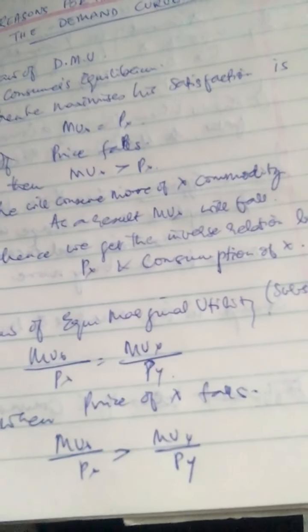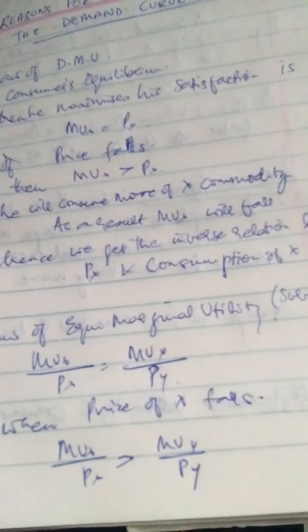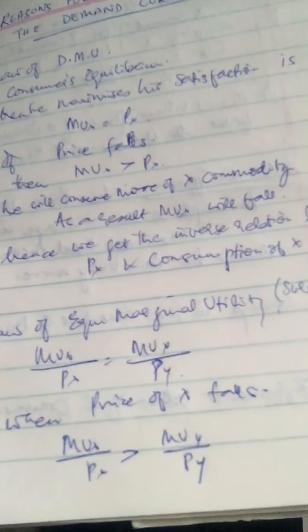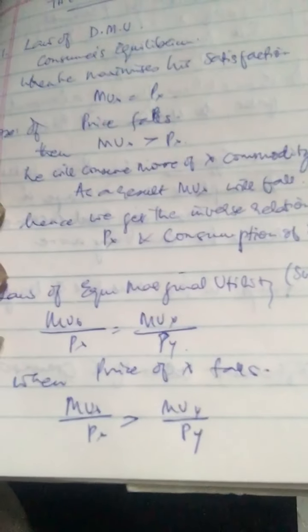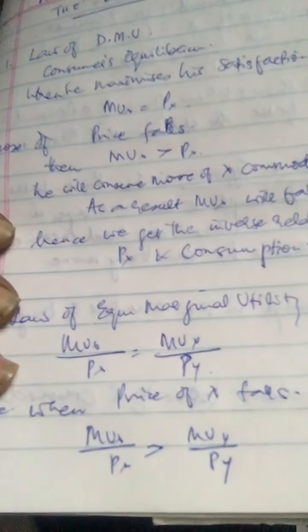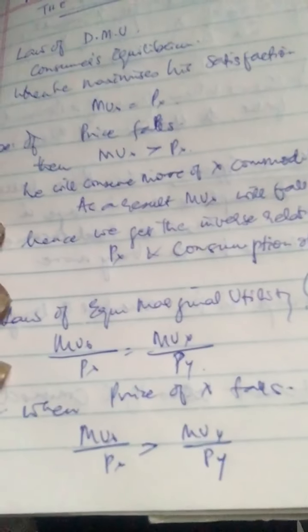This change disturbs the equality and converts it into the following inequality. So it becomes MUX upon PX is greater than MUY upon PY. So what does it mean?